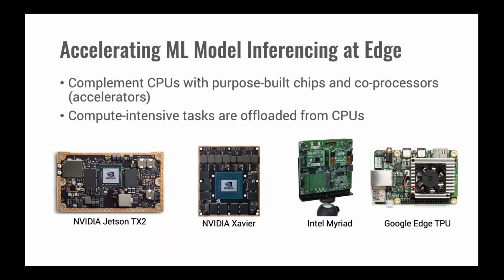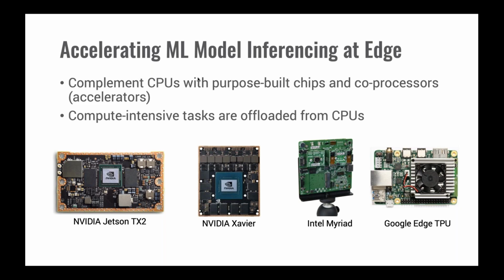Some examples of these devices or chips are the NVIDIA Jetson TX2, a very popular chip that accelerates ML inferencing. There is an updated version of Jetson, which was recently launched, called NVIDIA Xavier, and this is also meant for accelerating ML models for inferencing.